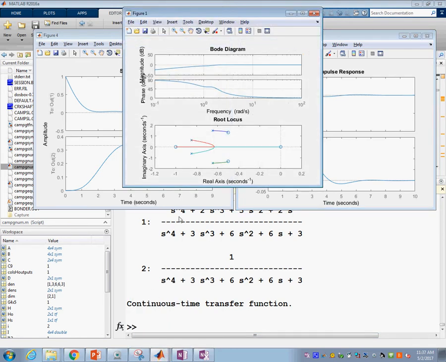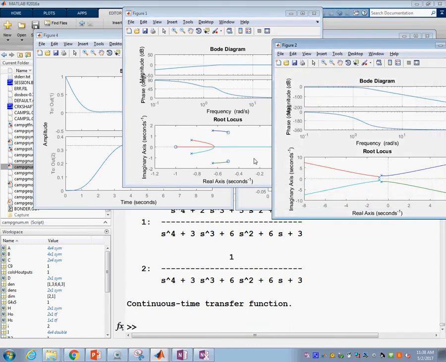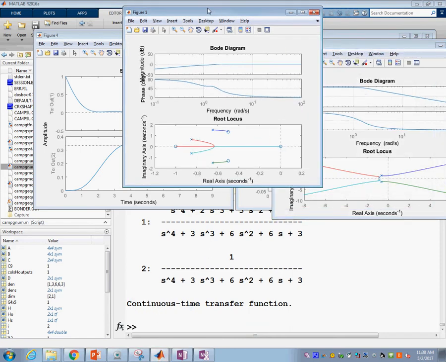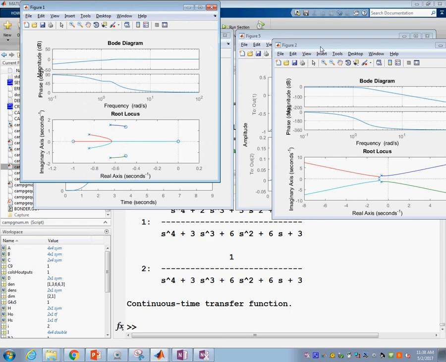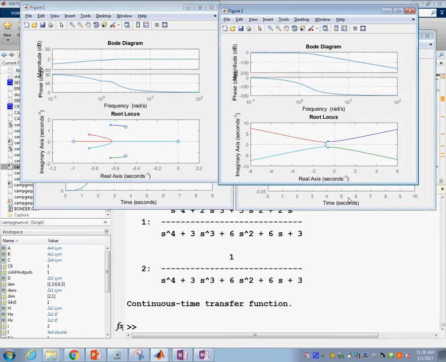One Bode plot is over here, the root locus plot is here for the first output, and this would be the Bode plot and the root locus plot for the second one.